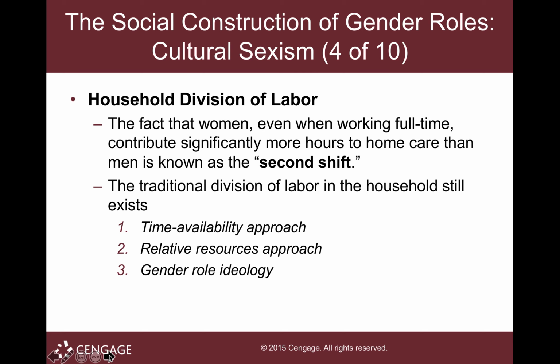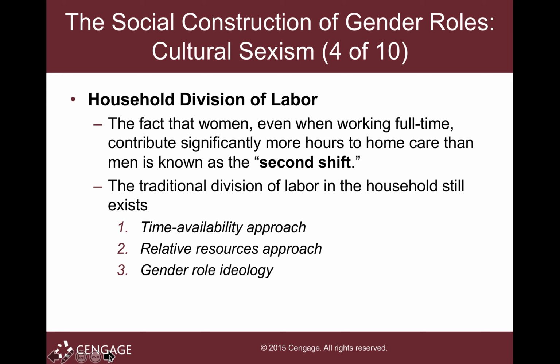So the household division of labor is the fact that women, even when working full time, contribute significantly more hours to home care than men, and it is known as the second shift. So the second shift is basically, a woman that has a full time job, she goes to work, and then when she gets home, she has her second shift, that other job of, quote unquote, fulfilling her wife duties, her mother duties, cleaning, cooking, raising children.